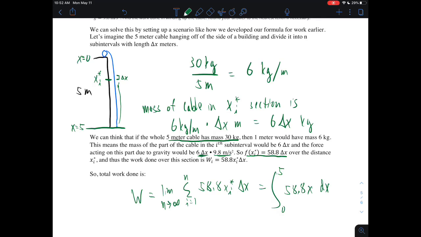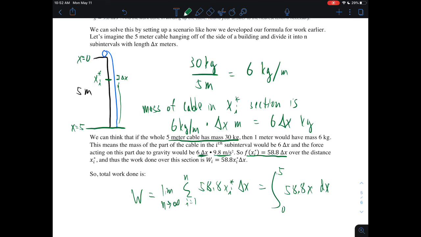So you don't obviously have to go through this whole setup when you see a problem like this. Now you can just think, all right, I need to figure out some expression for my force and then some expression for my distance. x is really just standing for the distance. The force that we have here is essentially the mass times the acceleration due to gravity.